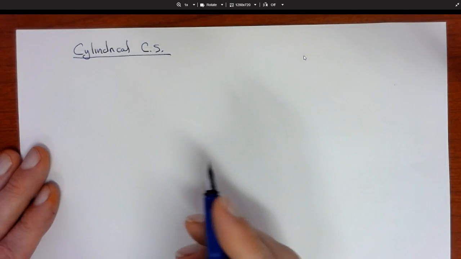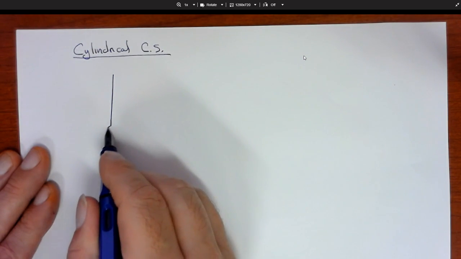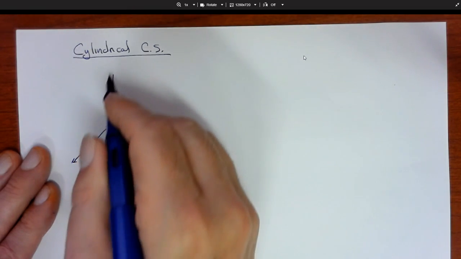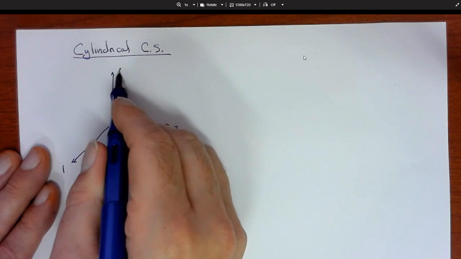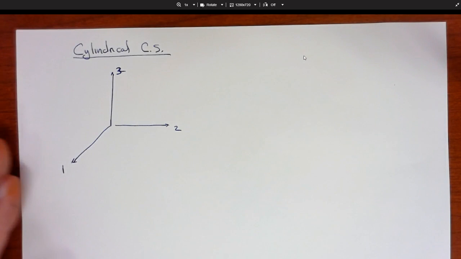So let's talk about a cylindrical coordinate system. Now, again, if you think about being in R3, we're always going to be in R3, the space spanned by 3 real lines.